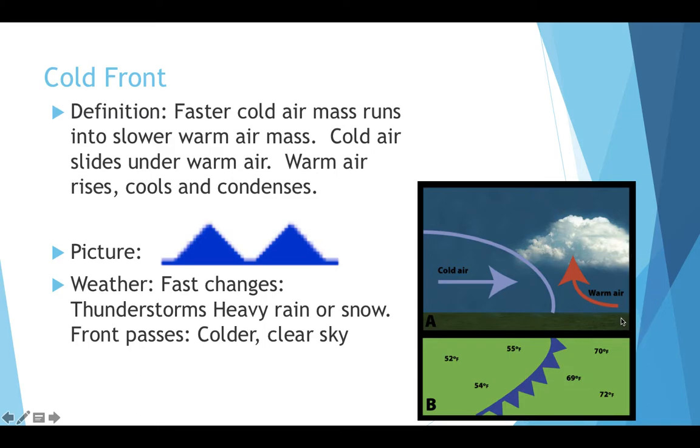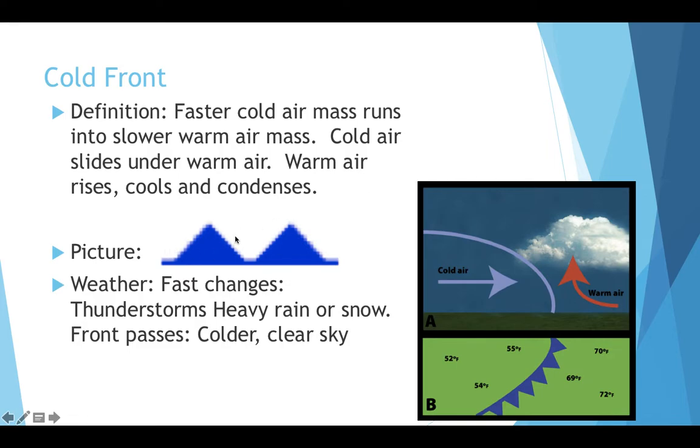And when warm air is getting pushed up, and we know warm air can hold a lot of water vapor, can be very humid, once that rises up, that air is cooling, condensing, forming clouds, and we get fast weather changes like thunderstorms, lightning. You get a lot of extreme weather if we have a cold front moving in, that cold air pushing up that warm air very rapidly.